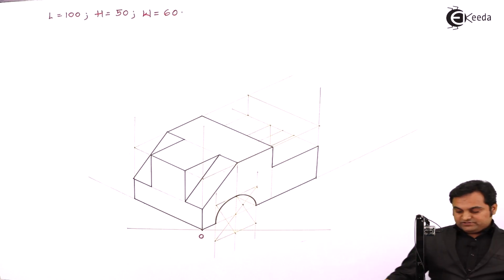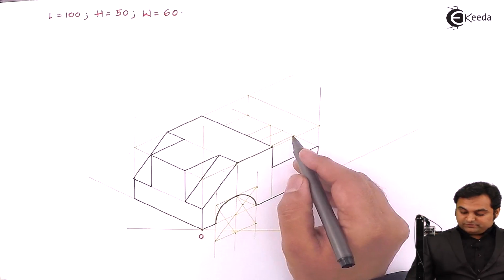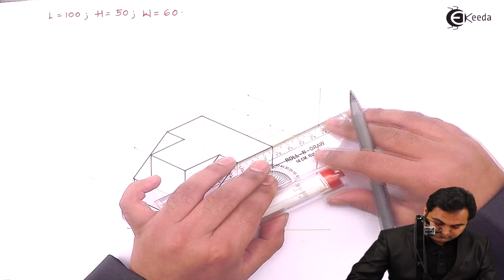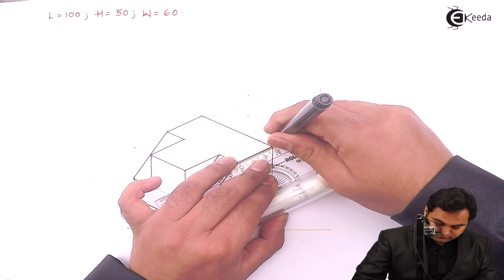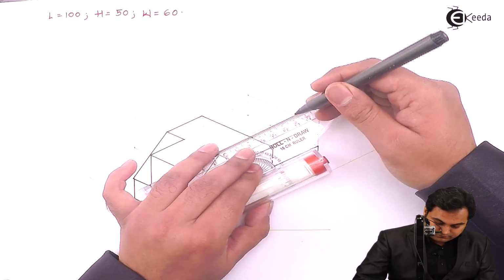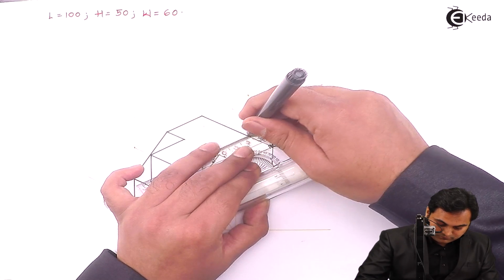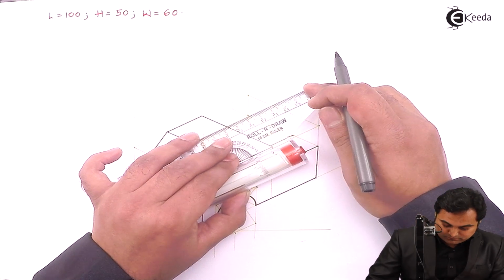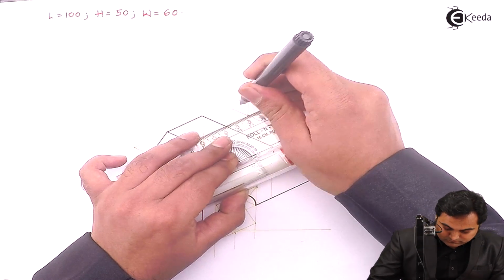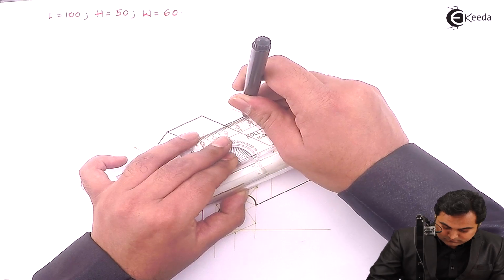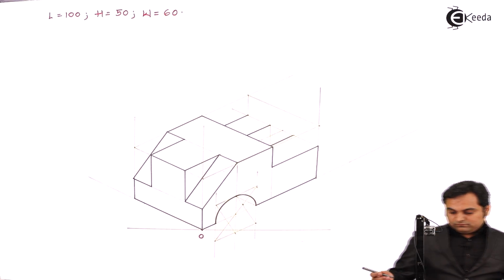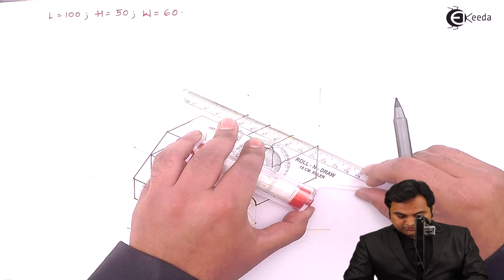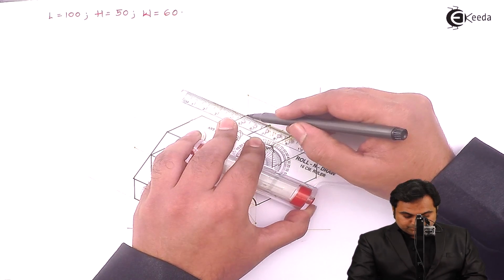So here the surfaces are there. Next, drawing this groove, joining these 2 points.